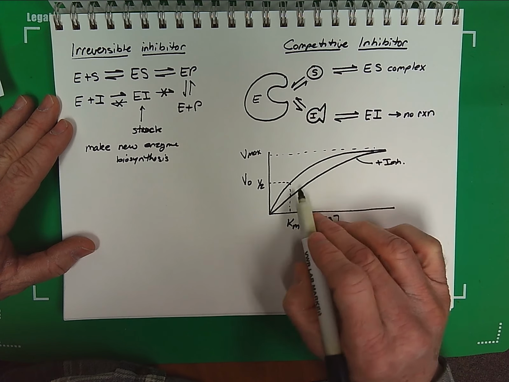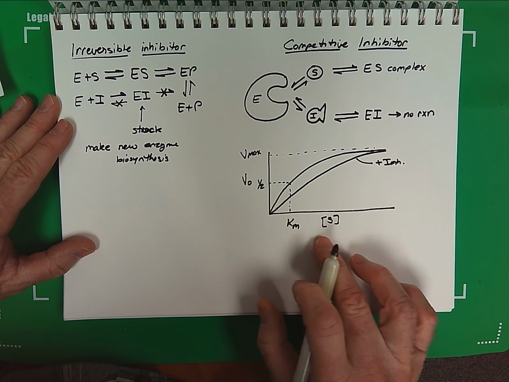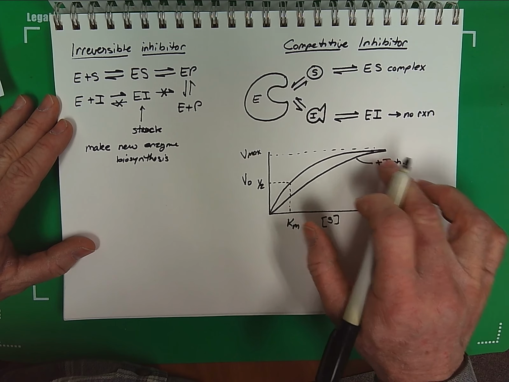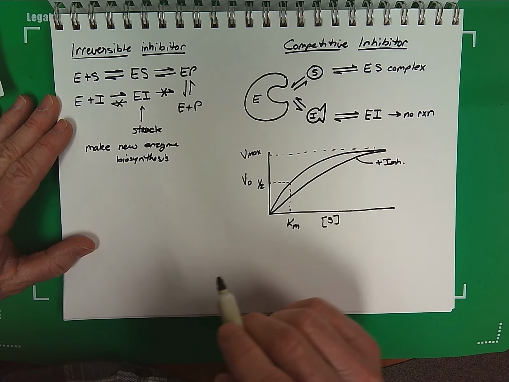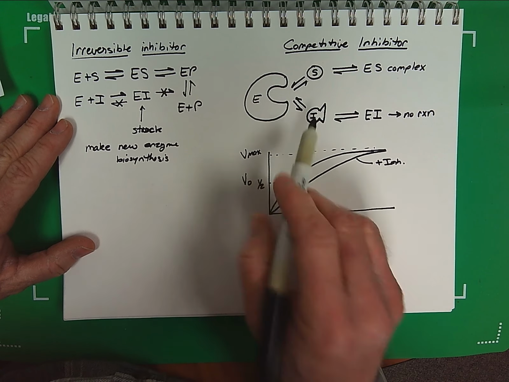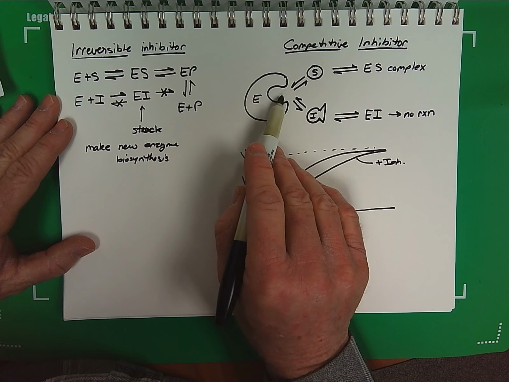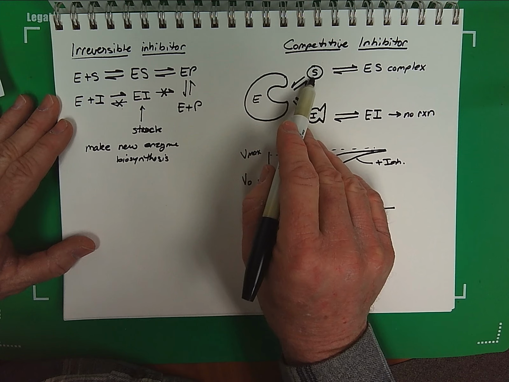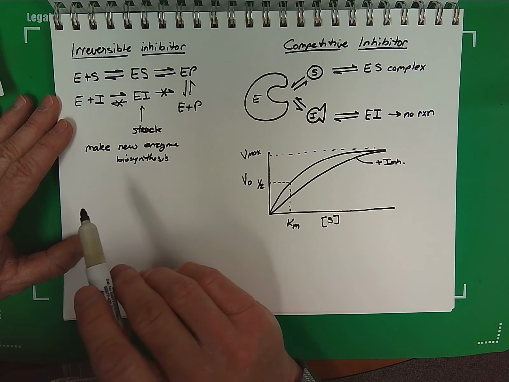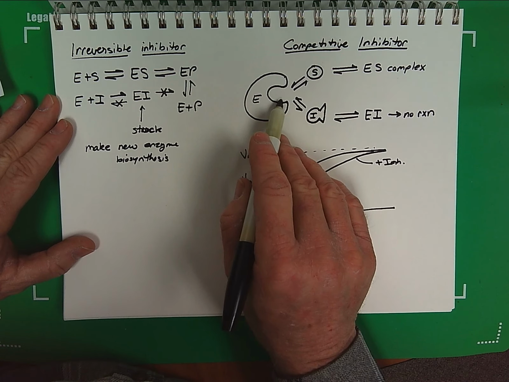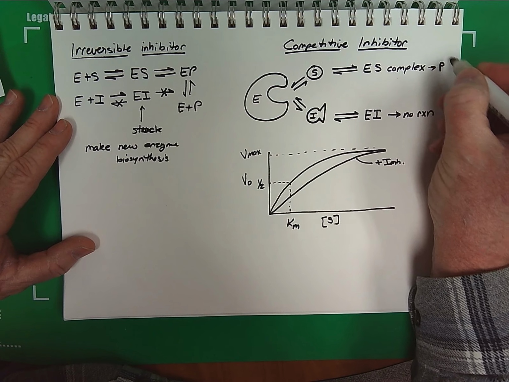Now notice that eventually here, with the inhibitor at a single concentration, if you add enough substrate, you can outcompete the inhibitor from binding to the active site and thus achieve Vmax. So with enough substrate, you will displace the inhibitor binding, its probability. With higher concentrations of substrate, the substrate has more opportunity to occupy that enzyme, so that the inhibitor now has no effect on overall enzyme activity, and then this can form product.